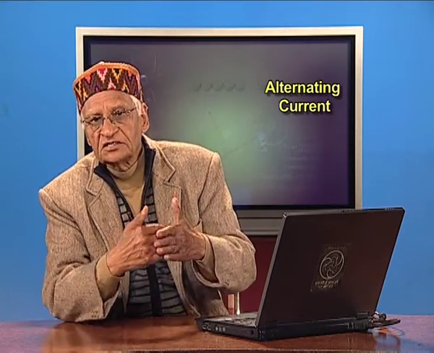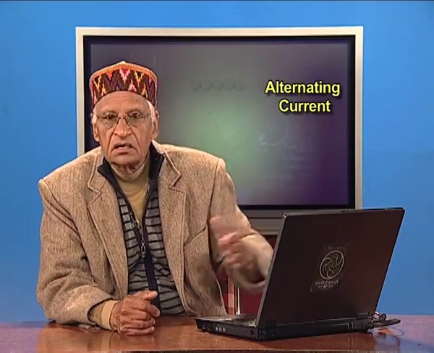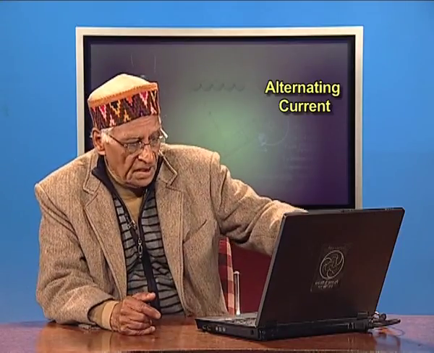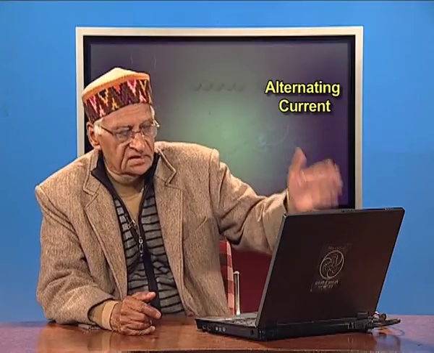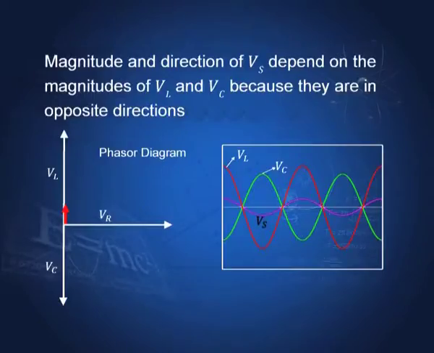So, the phase difference between the voltage across the inductor and the one across the capacitor is pi by 2 plus pi by 2, that is pi, that is they are in opposite directions, and therefore, the resultant is simply the difference of these two. If VL is larger in magnitude, then Vs is simply VL minus Vc, and if Vc is larger, then it will be Vc minus VL.